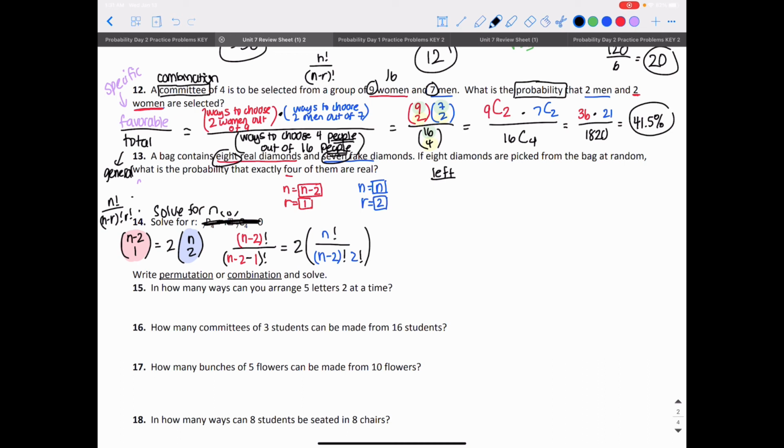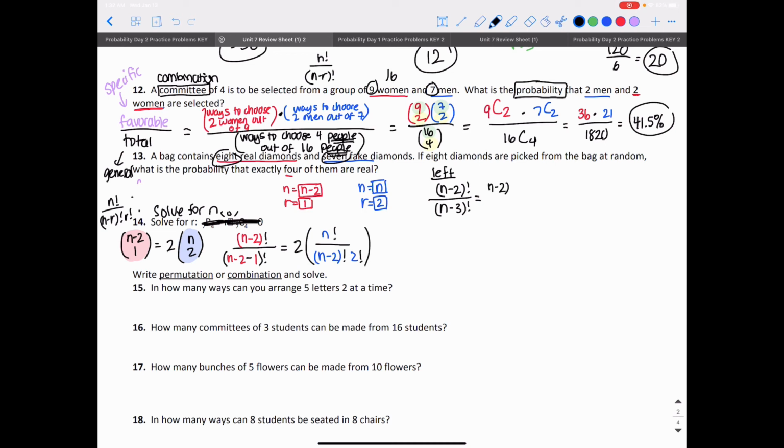Okay, so on the left, I have n minus 2 factorial in the top, all over, if I rewrite the bottom, that's n minus 2 minus 1, which is n minus 3 factorial. For this, I'm going to rewrite the bigger one in terms of the smaller one. The bigger one is n minus 2, because if I subtract 2 from n, it's going to be a bigger number than if I subtract 3 from it.